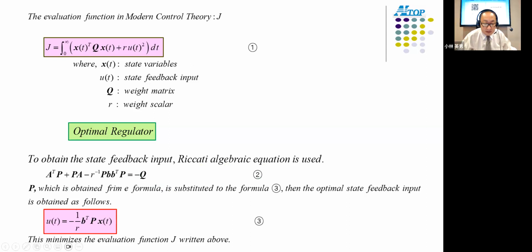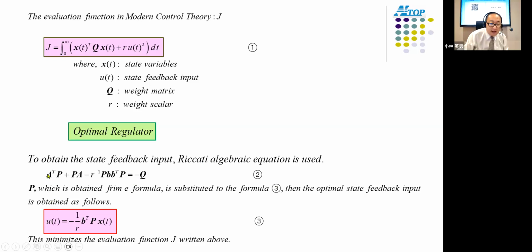This is very difficult. In engineering, we use this Riccati equation from the math field. We just apply this equation to modern control theory. In that standpoint, I use this algebraic equation.